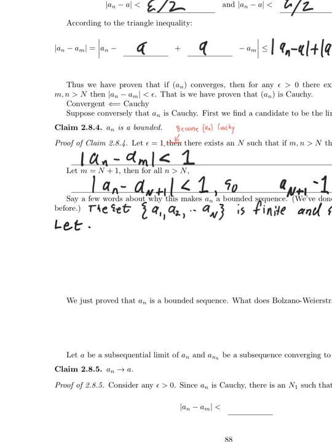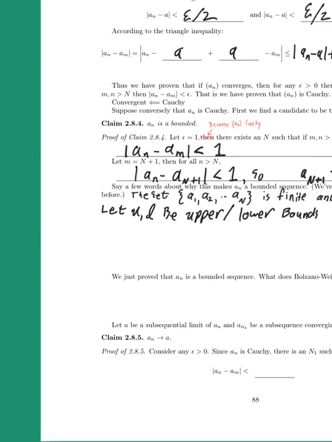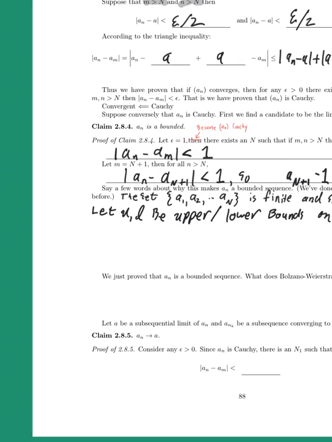Let U and L be upper and lower bounds on that set. And I only said a few words, so I'll be a little bit unrigorous in that I'll leave just a gap right here.